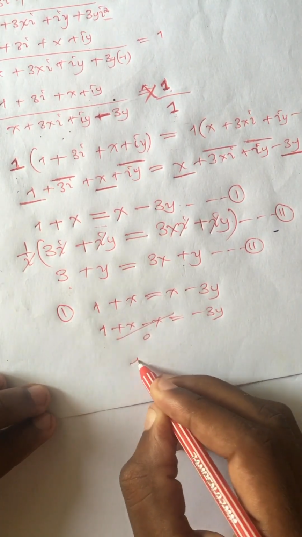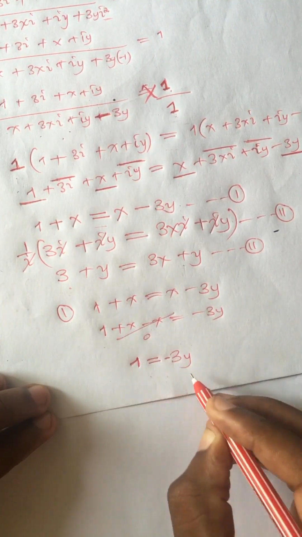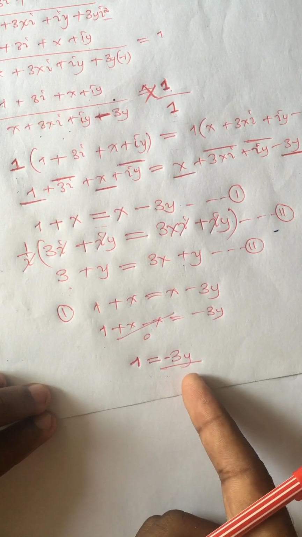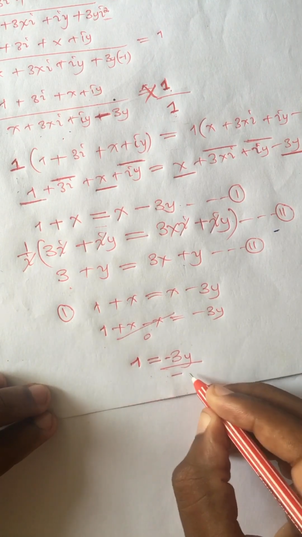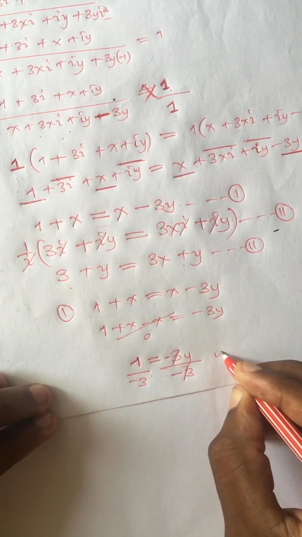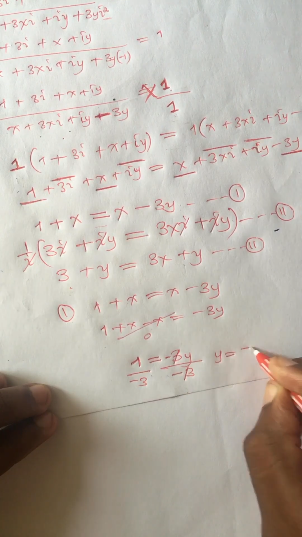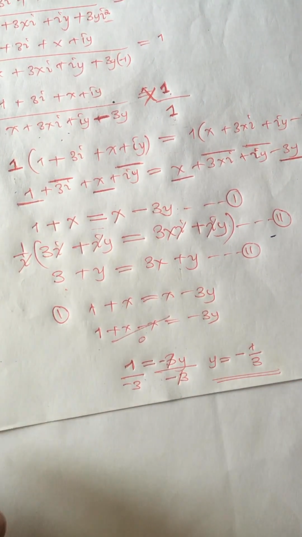So we just remain with 1, which is equal to negative 3y. Then we're looking for y, so negative 3, then negative 3. Then y is negative 1 over 3.